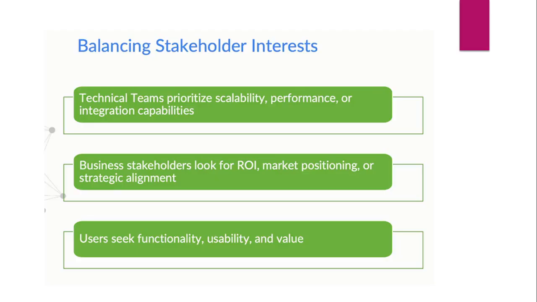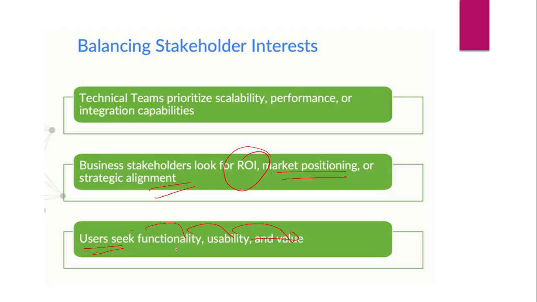And balancing the stakeholder interest: technical teams prioritize scalability, performance, and integration capabilities. Business stakeholders consider ROI, which means return on investment, market positioning, and strategic alignment. And again, you have to think about the user's functionality, usability, and values.